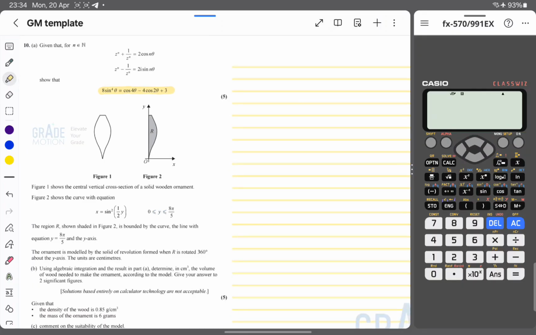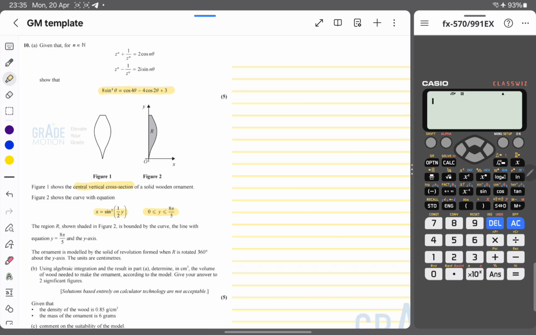Moving on to part B, okay, we can see this drawing here. We have figure 1 and figure 2. Figure 1 is the central vertical cross section of an ornament, whereas figure 2 shows the curve with this equation. Okay, they also give us the range value of y.